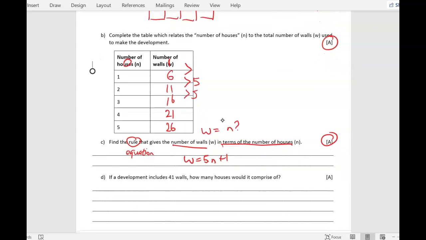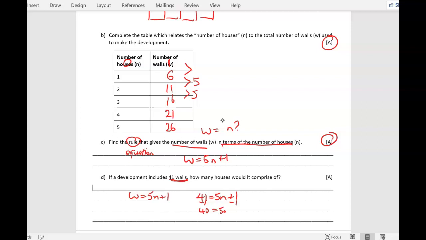If a development includes 41 walls, how many houses would it comprise of? This is a bit of algebra. So we're going to write down our initial equation. We're going to substitute out the W and put in the 41. That means 41 will be equal to 5n plus 1. We're now just going to solve for n by doing -1, -1.